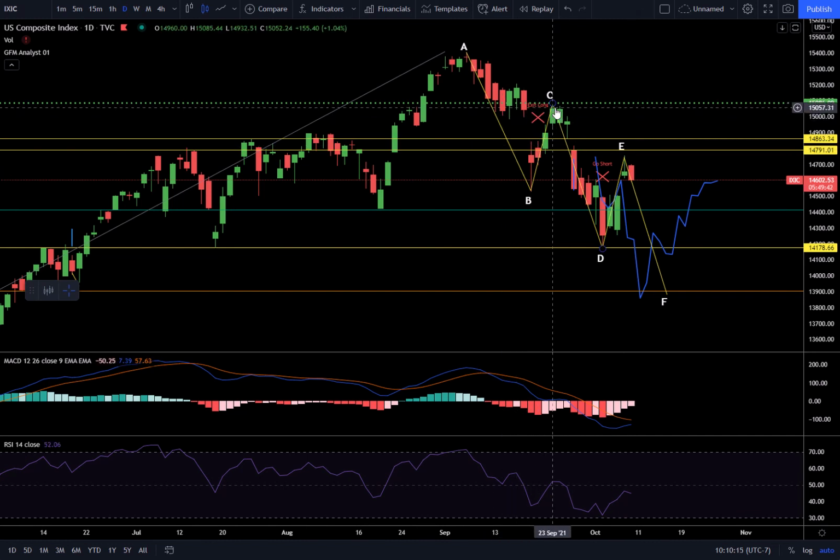Now back to our medium-term goal, that is why I looked at this gap, right? This has filled. The gap was filled on September 23rd. That is suggesting that, hey, I am giving you a sign that I might go down, but I'm going to come back to this level.